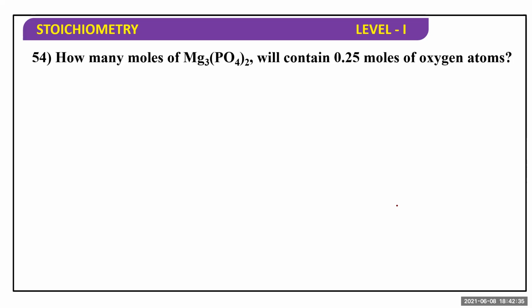How many moles of magnesium phosphate will contain 0.25 moles of oxygen atoms? At first you should calculate the molecular mass of magnesium phosphate. Magnesium is 24 gram atomic weight, so 24 into 3 plus phosphorus 31 into 2 plus oxygen 16 into 8.